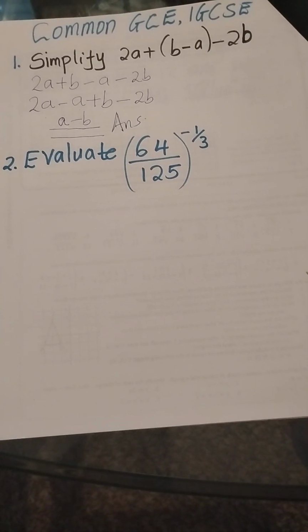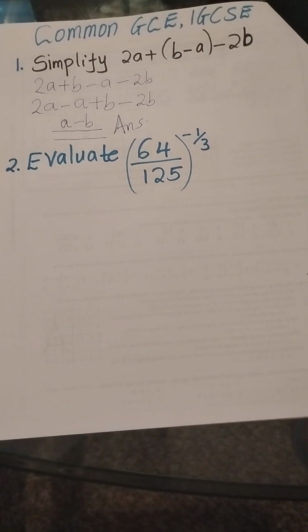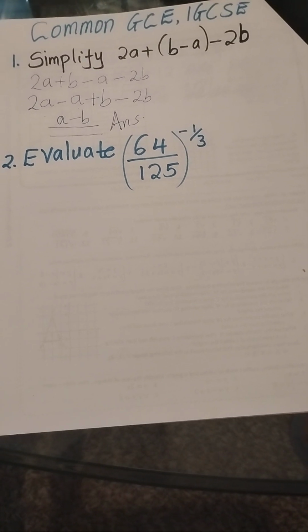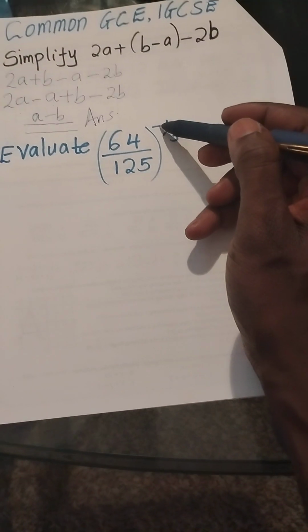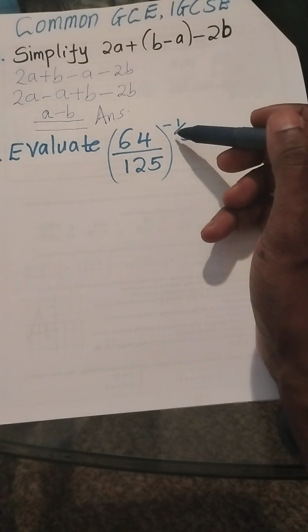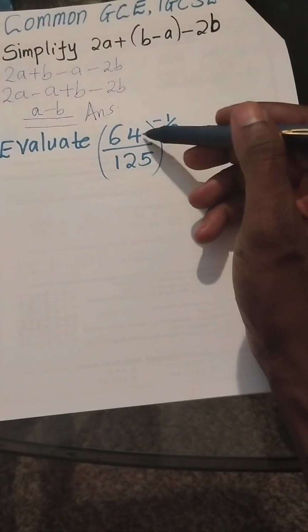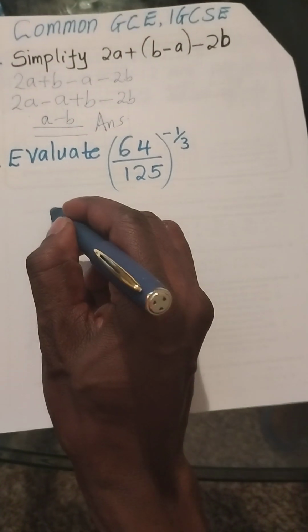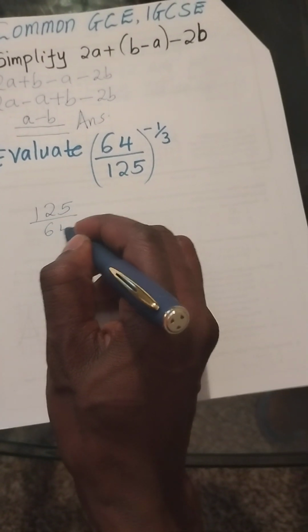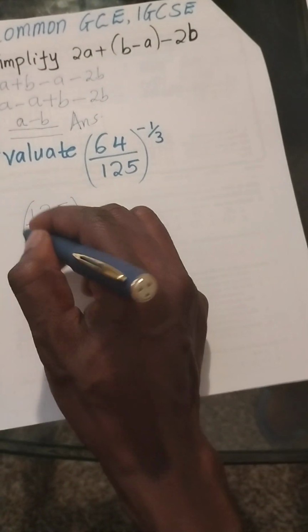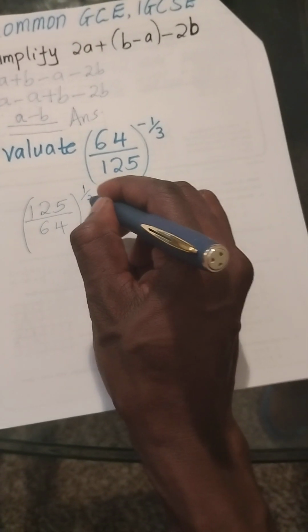Question 2. Evaluate (64 out of 125) raised to the power of -3. So the first thing that we look at is the power. The power is negative. So if the power is negative, we get the reciprocal of what is inside the bracket. And now we shall have 125 out of 64, but now raised to the power of +1 out of 3.